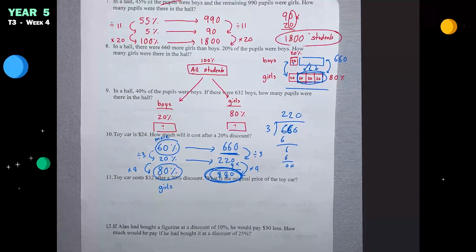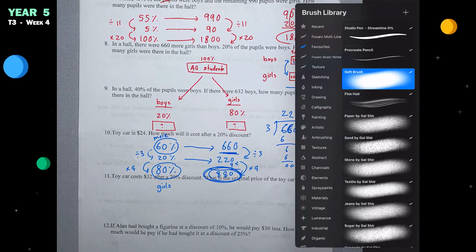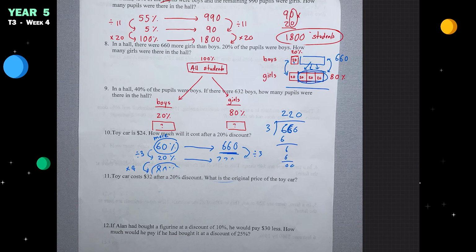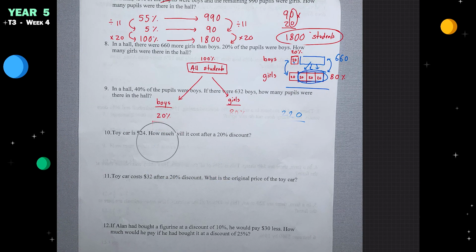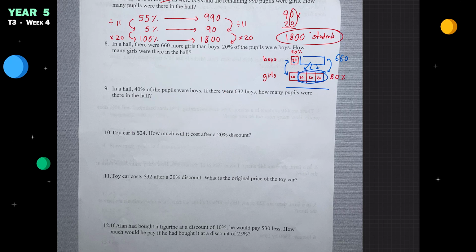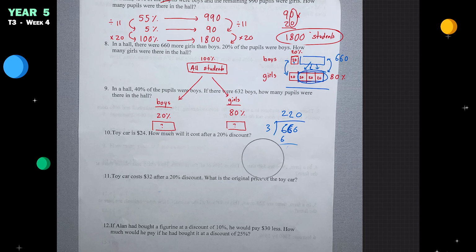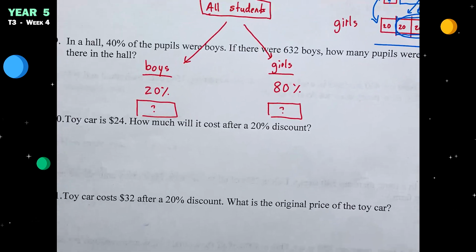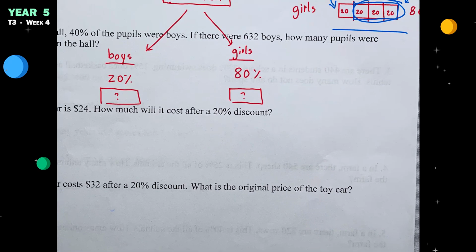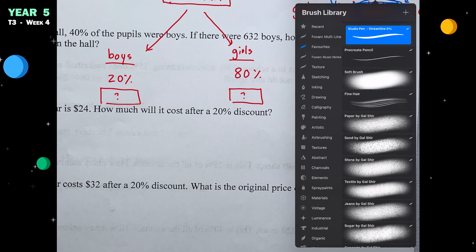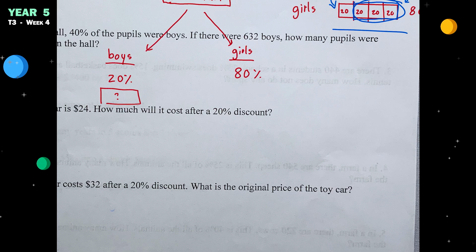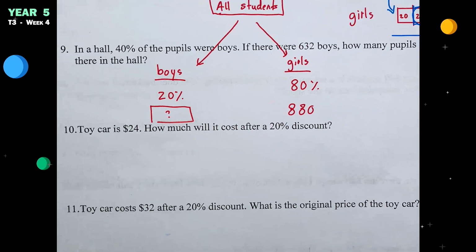Okay, this looks really messy, so let me rub this out and show you what's happening. What's happened is that we just figured out that the girls have 880 people, and the boys are 20%.